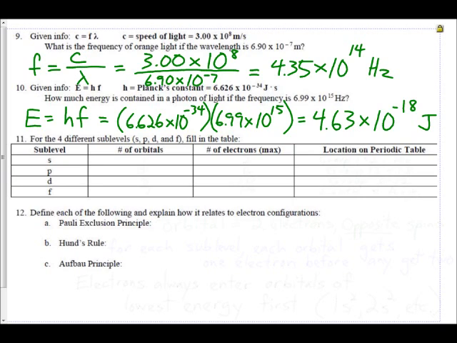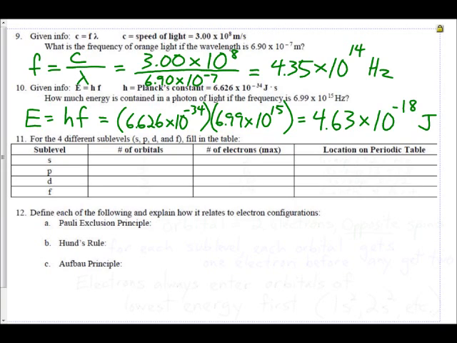Okay, another one we get a lot of questions on is for the different sublevels, how many orbitals they have, how many electrons, and their location. Now, for the number of orbitals, remember orbitals are the shapes of the areas where the electrons go, and each orbital can hold 2.